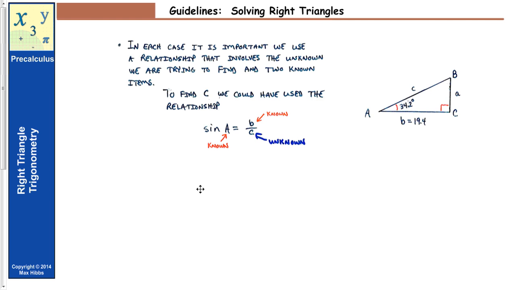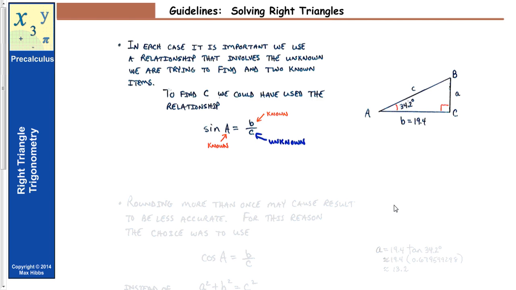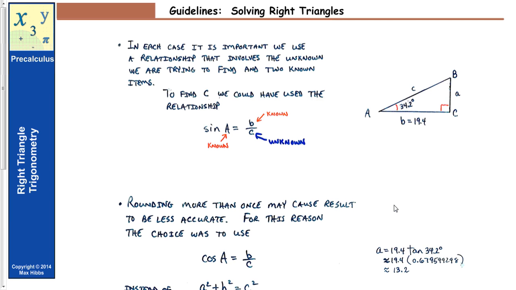Now, you might have thought about this. What I really meant to say here is, you may have asked, why didn't we use sine of angle A is equal to opposite over hypotenuse?